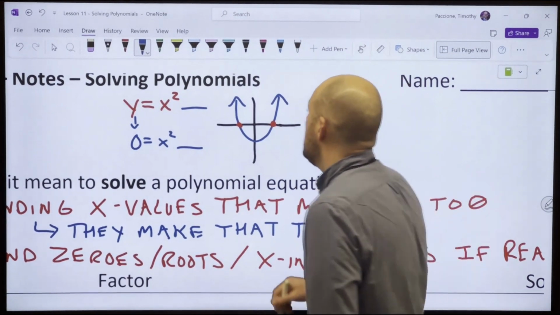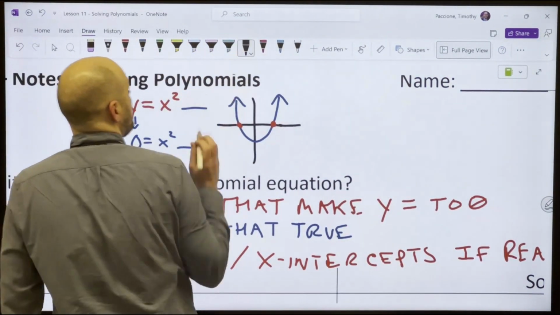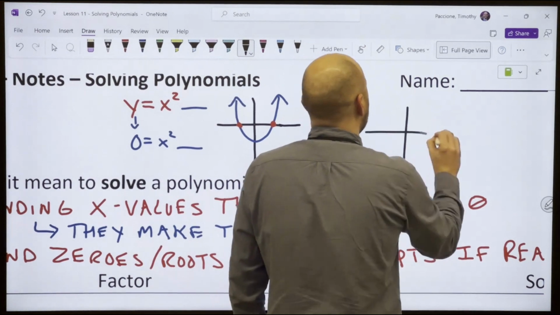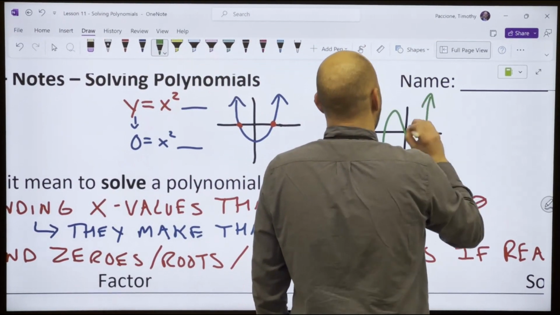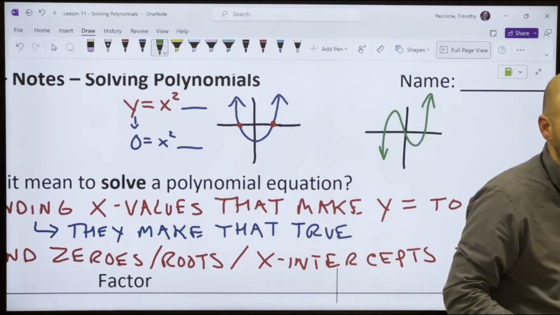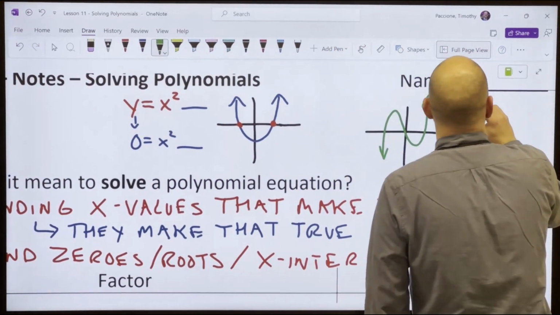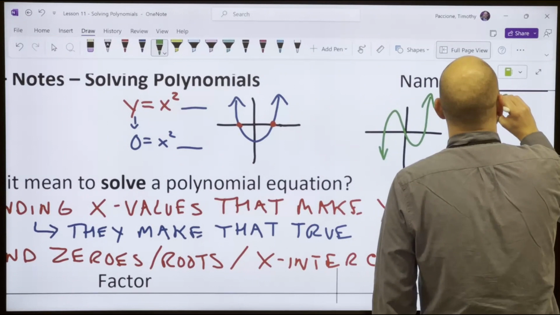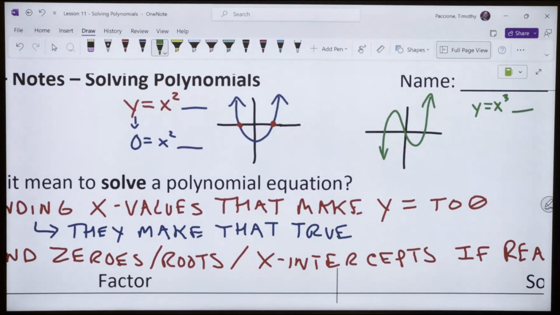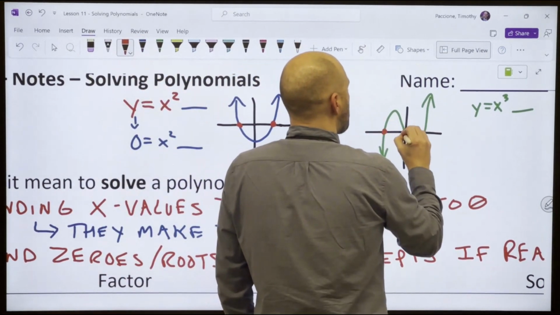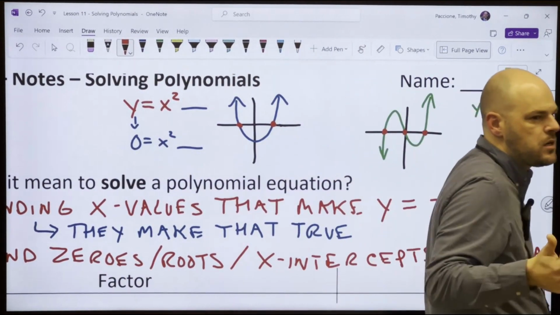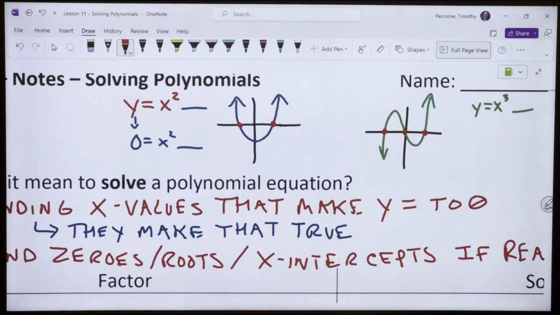So let's take that understanding and extend it to polynomials. How about this example? What type of function is that? It's cubic. So it would be like y equals x cubed something. How many solutions do you think that has? 3 real solutions, it looks like, right? How do you think you could predict that? Looking at the degree.